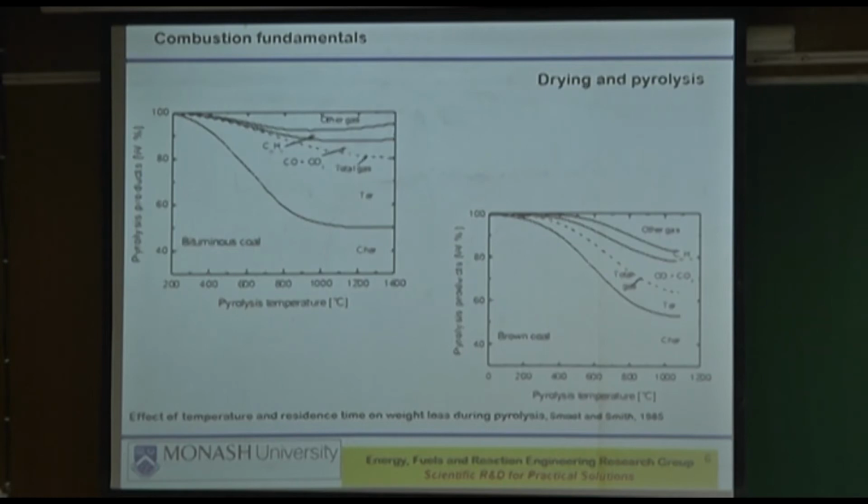Well, and if you take a completely different type of coal from another mine, you may get a similar trend, but the figures may vary. From an engineering perspective, the most important thing is to know, do we get any significant amount of tar or not?